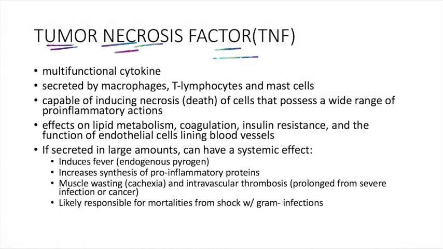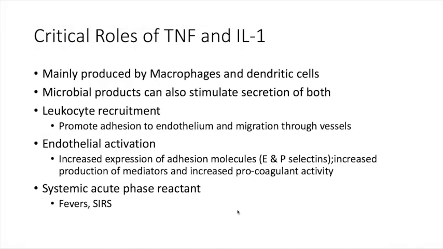It can result in muscle wasting, which is cachexia, and intravascular thrombosis, and that would be in situations where we have prolonged inflammatory infection or cancer. They also believe that TNF is related to mortality from gram-negative infections that lead to shock. So those are the critical roles of tumor necrosis factor and interleukin 1, which is what I just talked about.